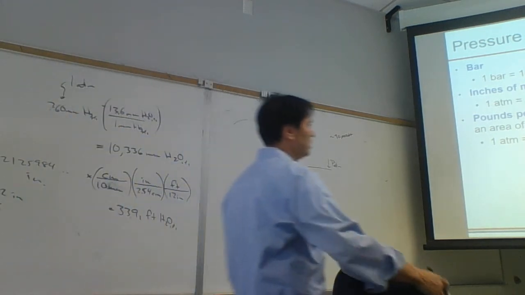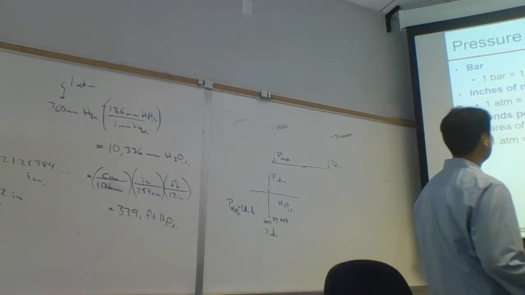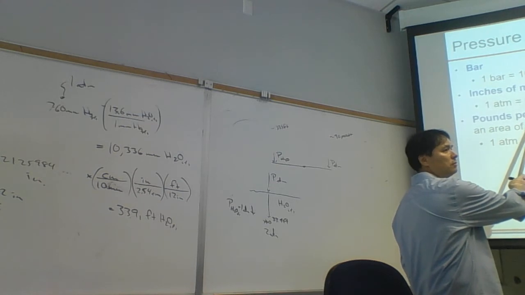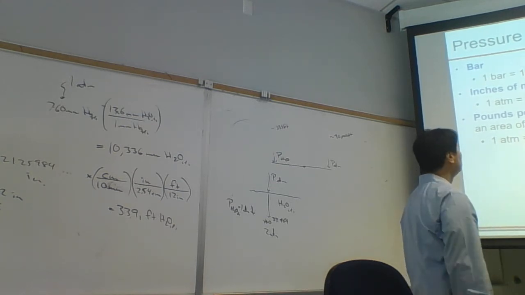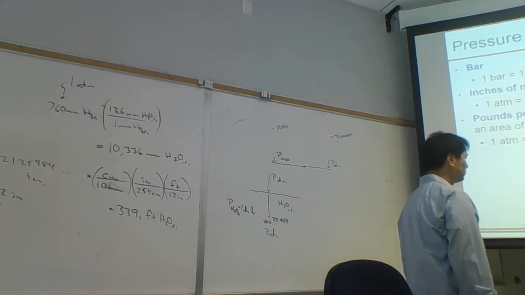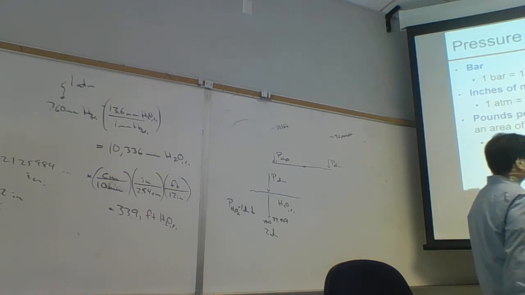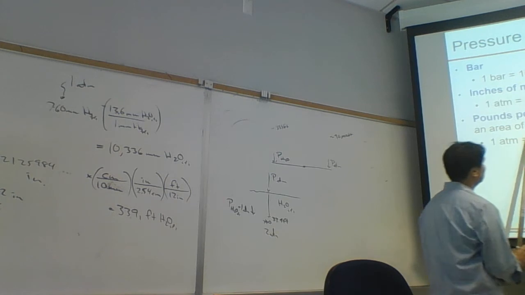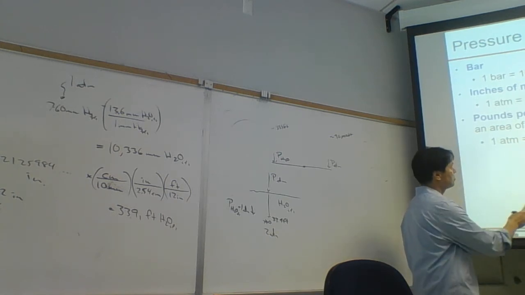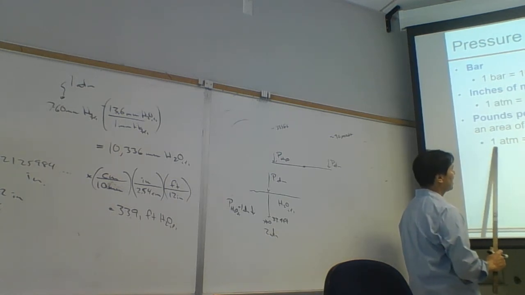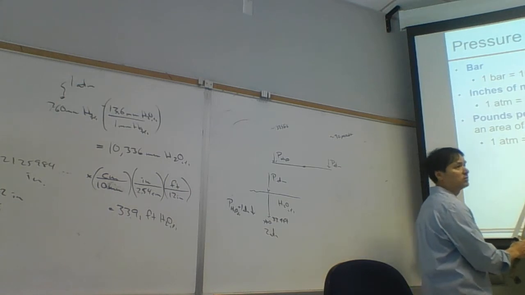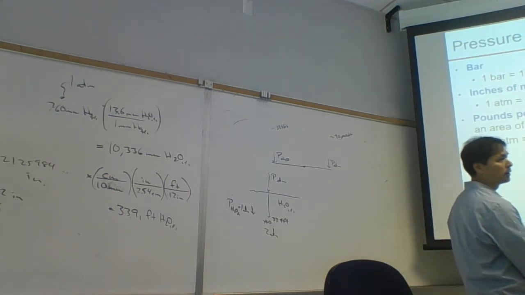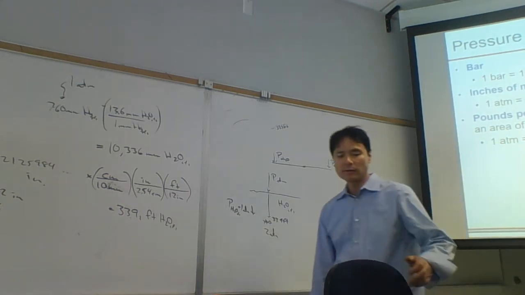So on the news, you'll hear the pressure in inches in the U.S. Also, turns out you could hear it in PSI as well. 1 atmosphere is equivalent to 14.70 PSI. Pounds per square inch.